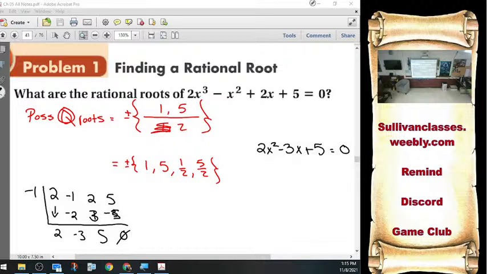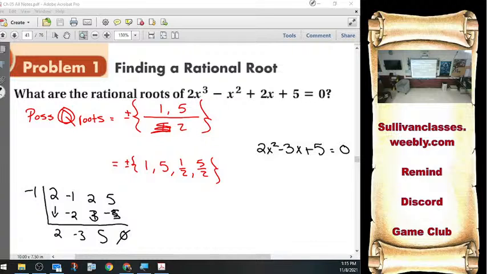AC method. 2 times 5 is 10. What factors of a positive 10 add up to a -3 in the middle? Positive 2, -5. Well, -5. Oh, wait, no. They don't work, do they?